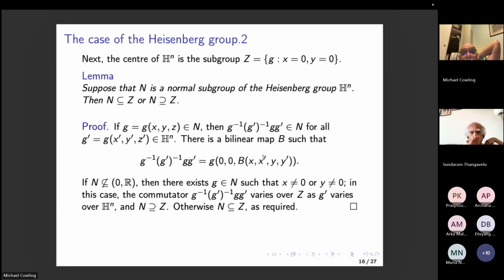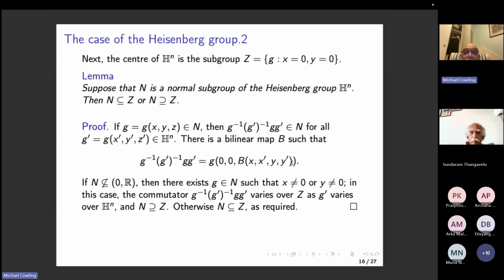Now, if the normal subgroup is not contained in the center, and I apologize, this should have been center, then there's some element in N whose X component is non-zero or whose Y component is non-zero.